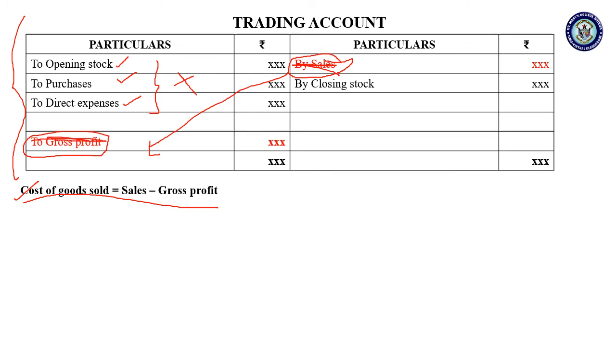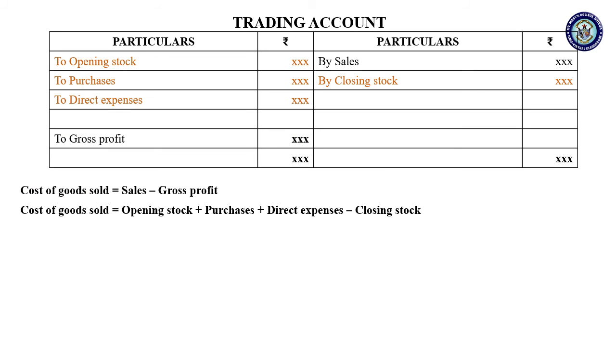Then you have to deduct the closing stock because that is on the credit side. So the next formula will be opening stock plus purchases plus direct expenses minus closing stock. So copy this down. Take down both the formulas.